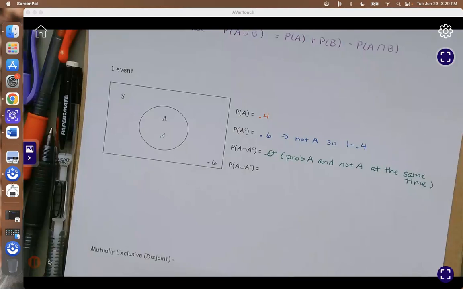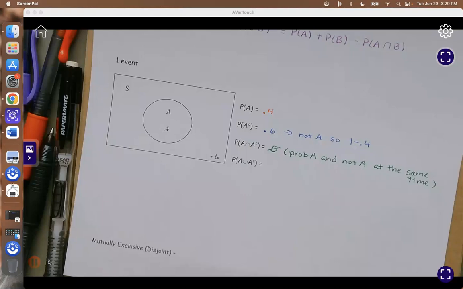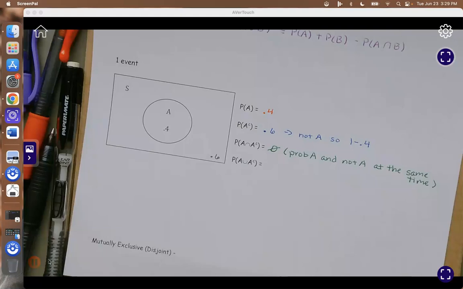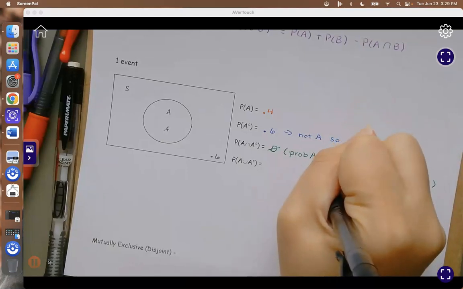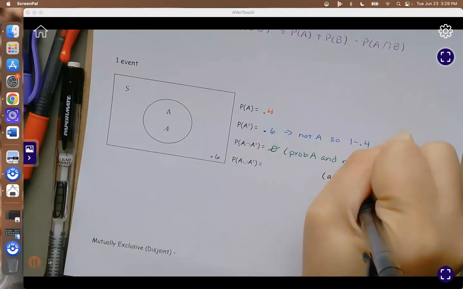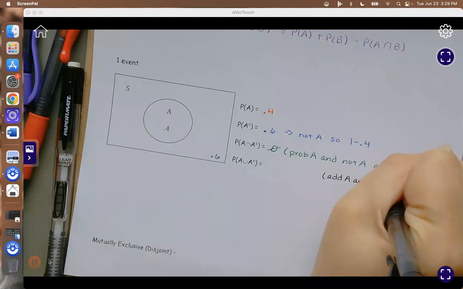Then the probability of A or not A. Okay, so when it says or, we're going to put those two together. So here we go. So we're going to add A and not A together.